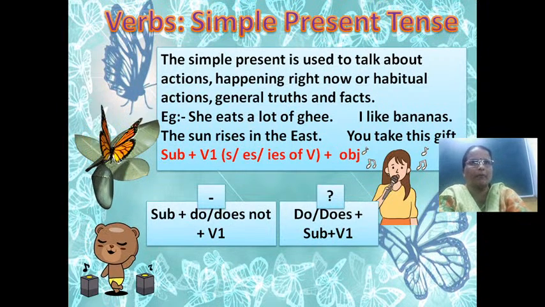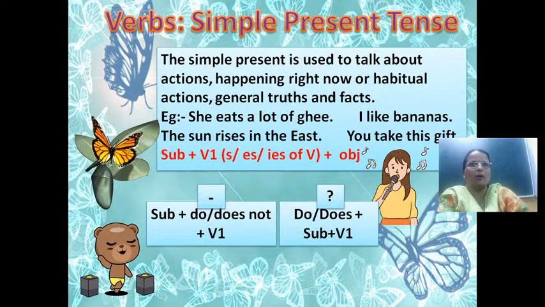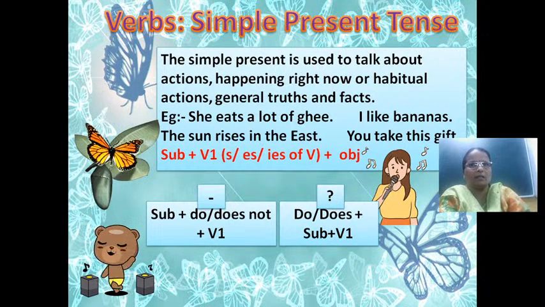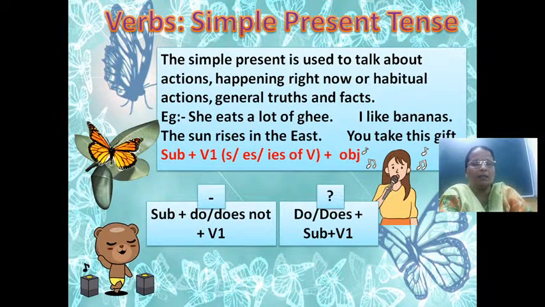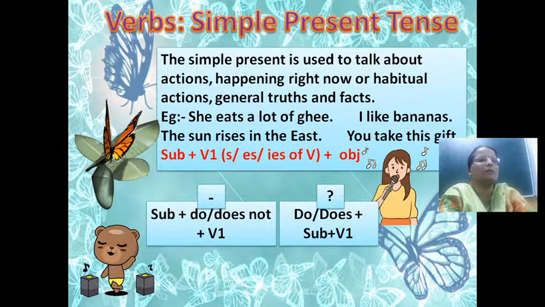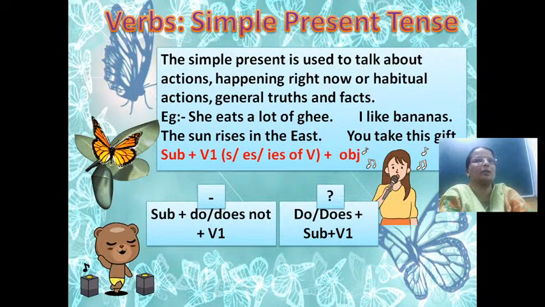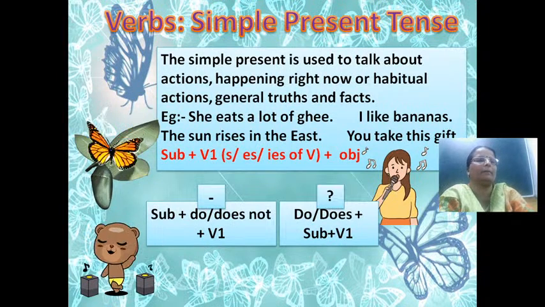Okay? In the same way, if you want to form a negative sentence or a question with he, she, it and any third person singular, we have to use does plus V1.